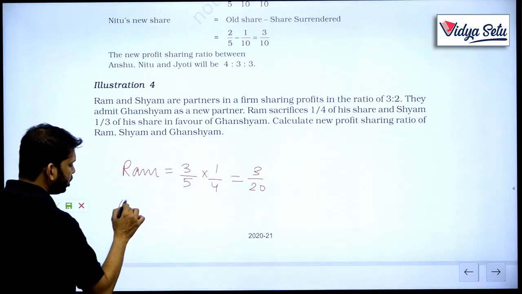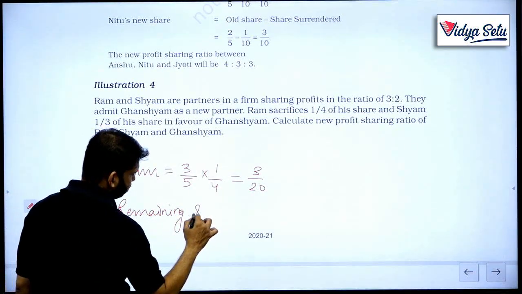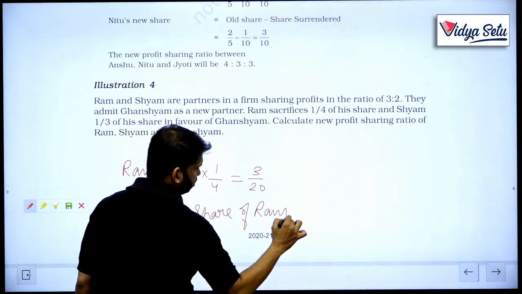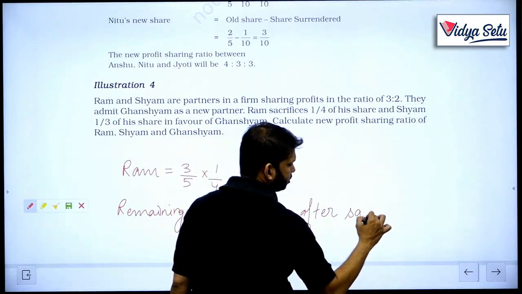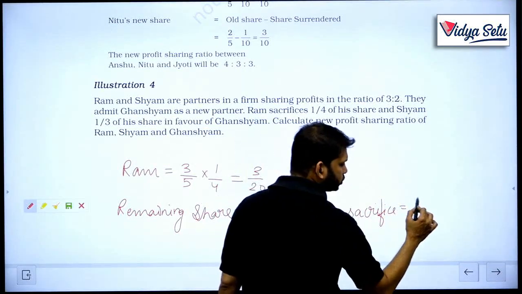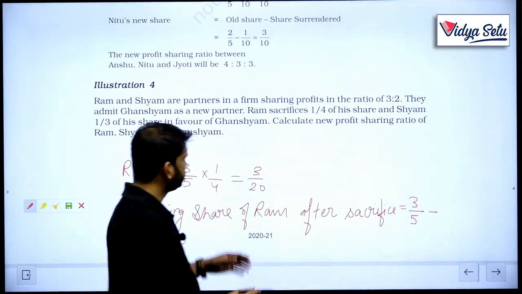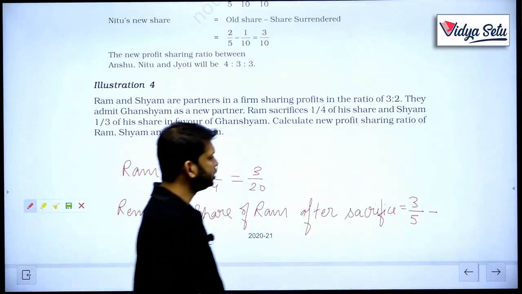So the remaining share of Ram after sacrifice: Ram's share was 3 upon 5, and he is sacrificing 1/4 of his share, that means 3/20.